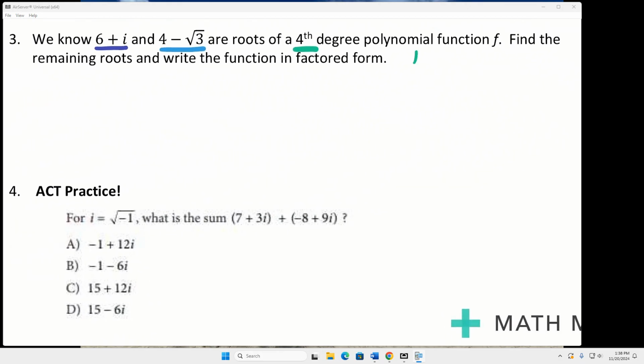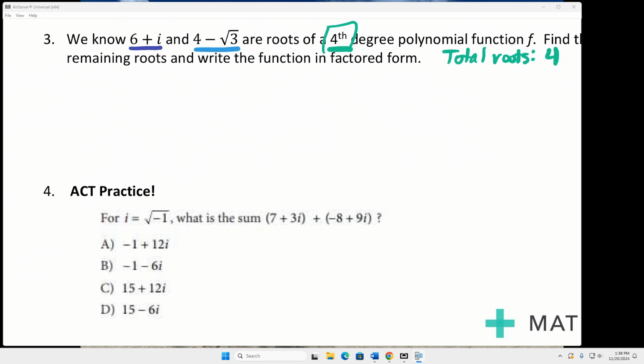So how many total roots should there be? 4. All right. So we have 2. And we can use those 2 to find the other 2.